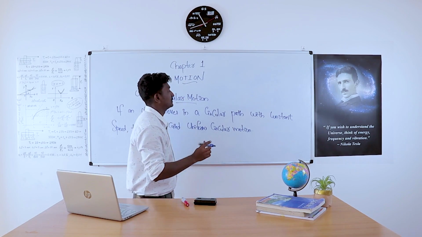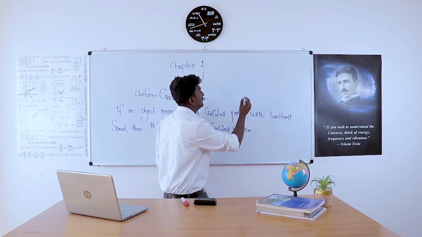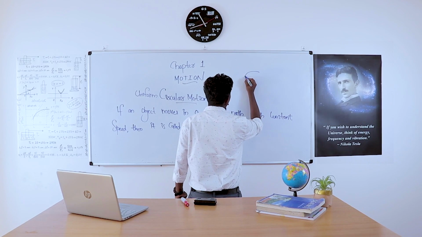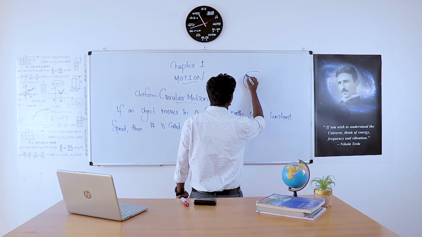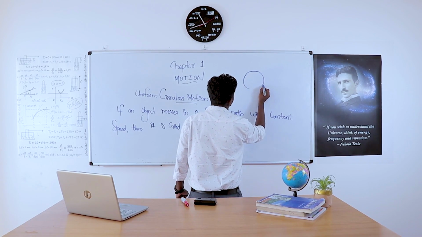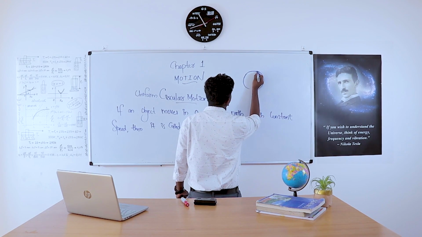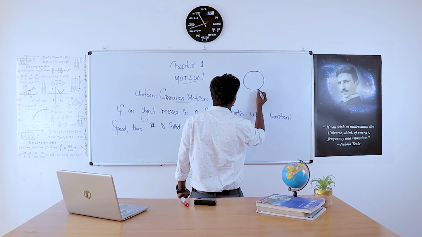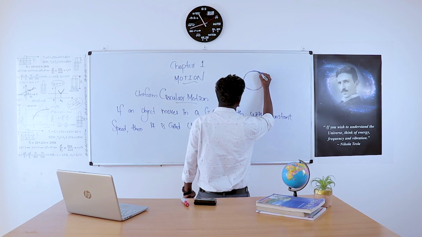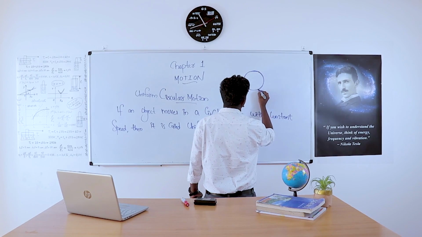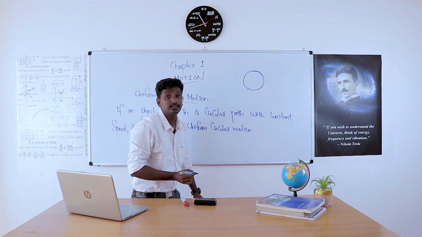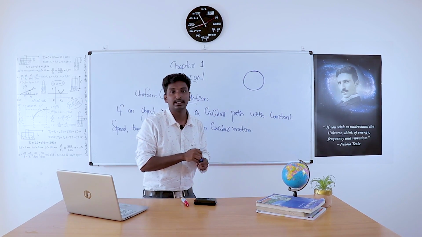You may have a question in your board exams: can a body have constant speed but acceleration? Surely your answer is no, because we already said that rate of change of velocity is called acceleration.